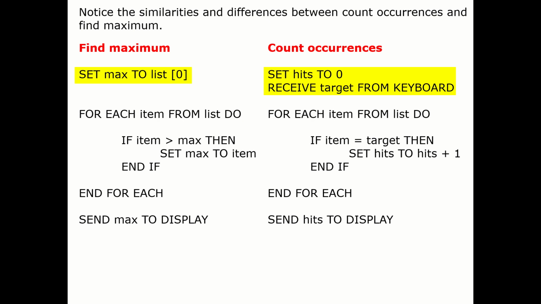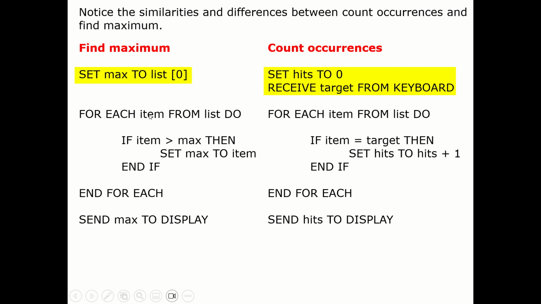Usually, except in particular situations, we're going to just note the first thing in the list as the highest number we've got so far. So if I've got a variable called maximum, I'm going to begin by setting that to the first thing in the list. And then I'm going to start looping.